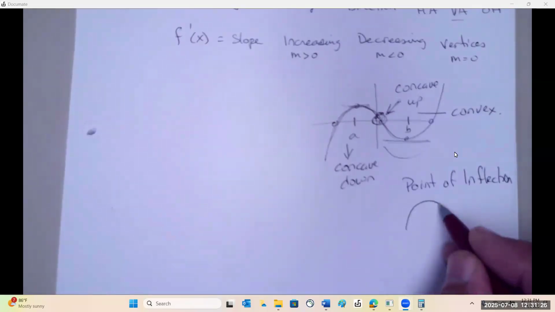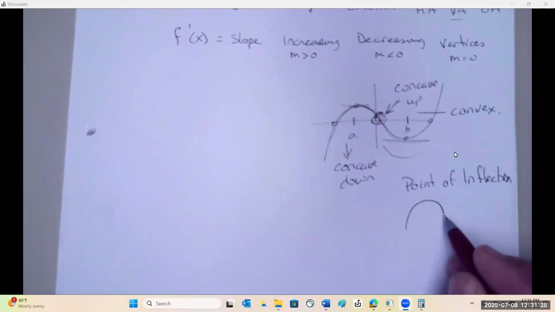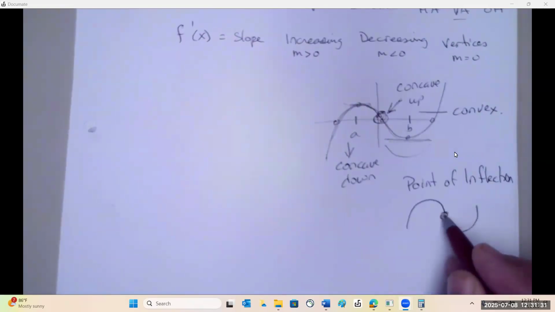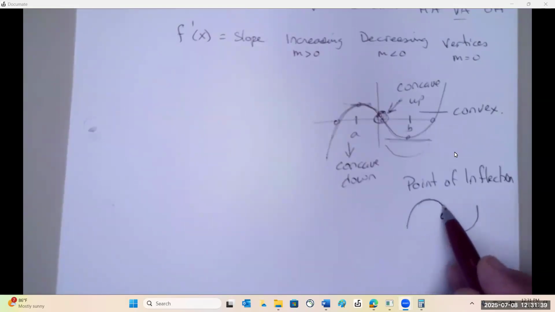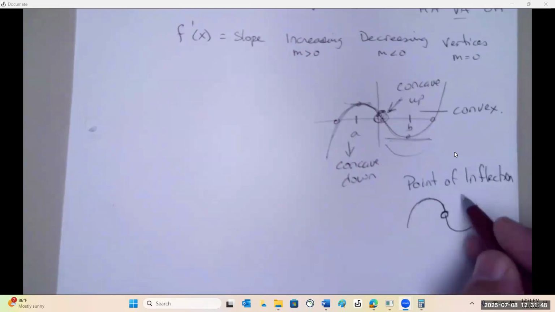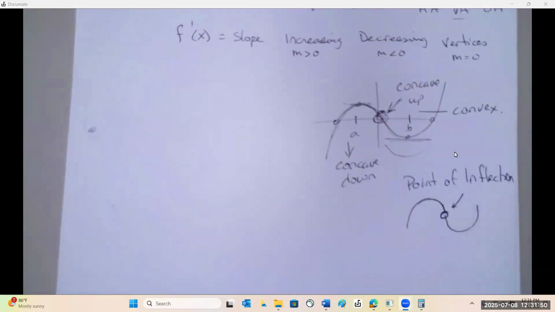That's where it stops being concave down and starts being concave up. At this point, the rate of change decreases. Instead of going back down further, it now starts going back up. That's called the point of inflection.